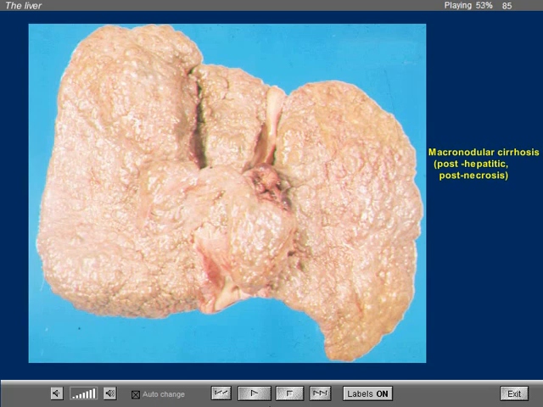Note also the yellowish appearance of the liver due to the fatty metamorphosis. These patients have what has been now classified as a macronodular cirrhosis, and the old classification was of post-hepatic or post-necrotic form of cirrhosis. The necrosis can be the result of infection or of chemicals.